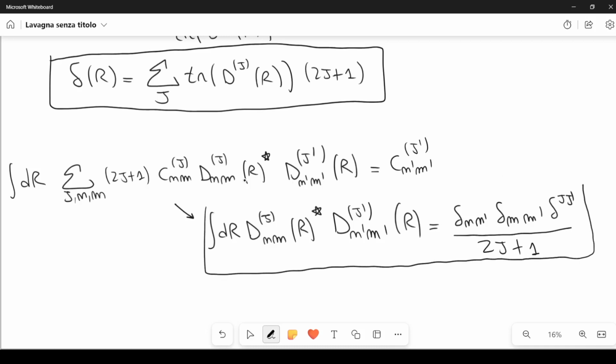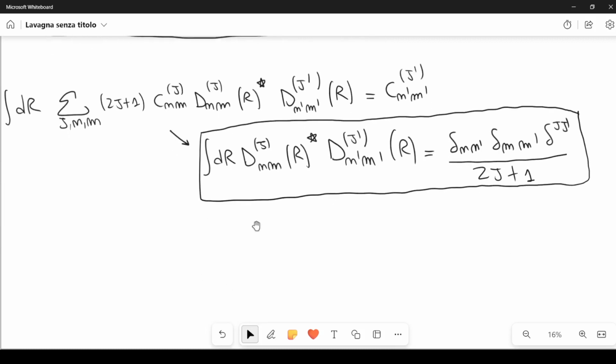And you can see that it arises quite naturally once you start from the Fourier series, the generalization of the Fourier series, and its inverse if you want. So it's like a discrete Fourier transform, if you want. It's not really like that, but just to understand each other.